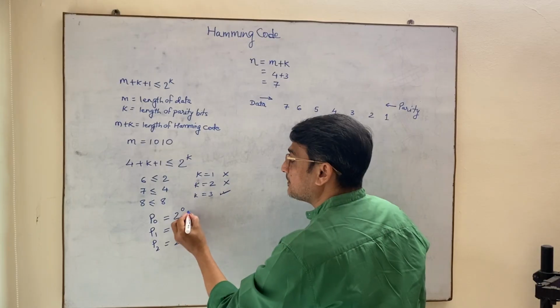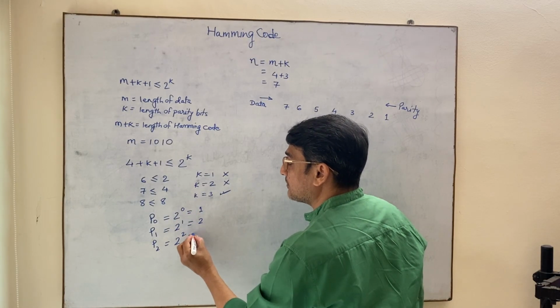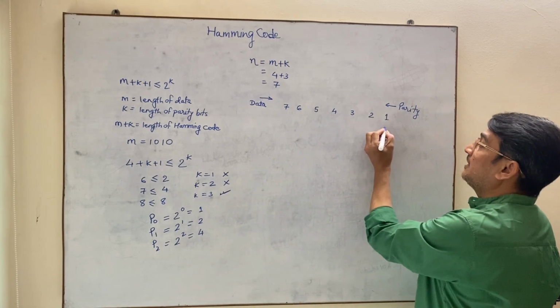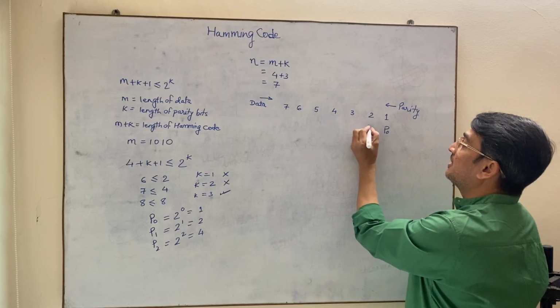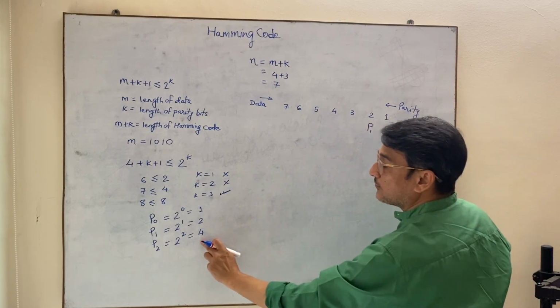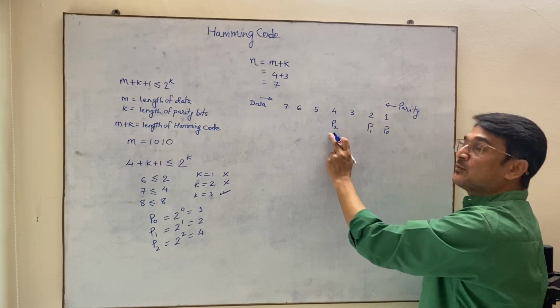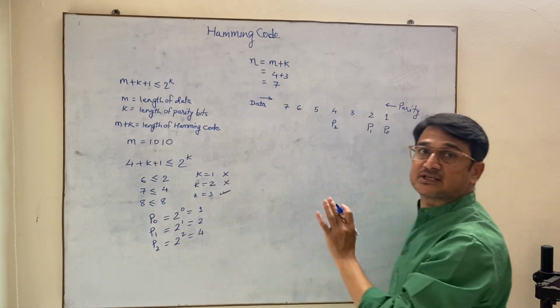That means 2 raised to the power 0 is 1, 2 raised to the power 1 is 2, and 2 raised to the power 2 is 4. That means the first position will be for P0, the second position for P1, and the fourth position for P2. So the parity bit positions are now clear.